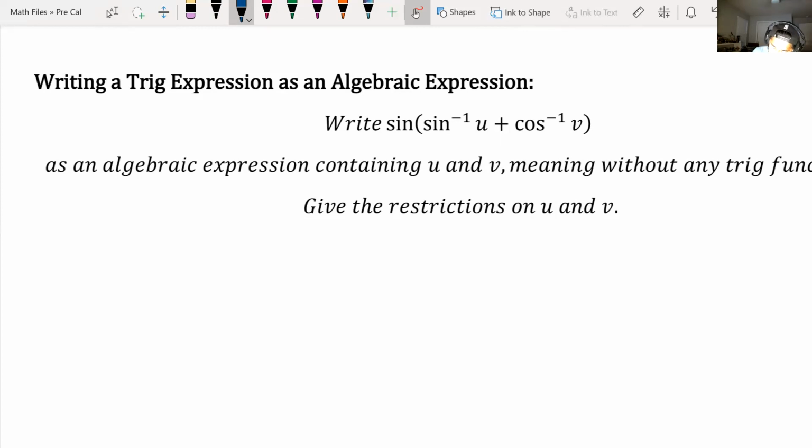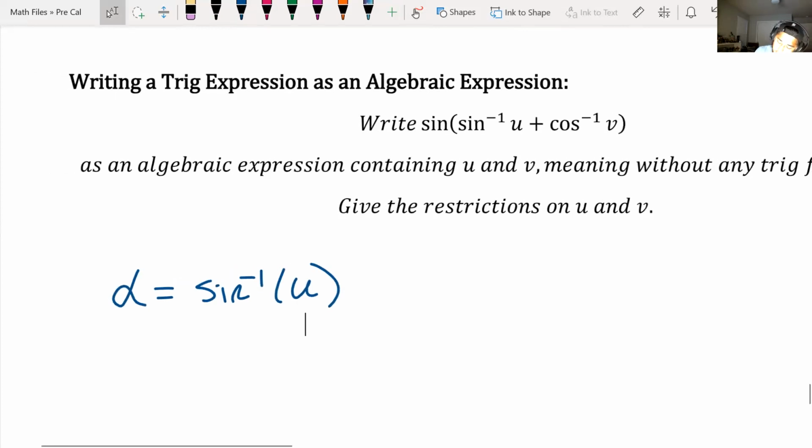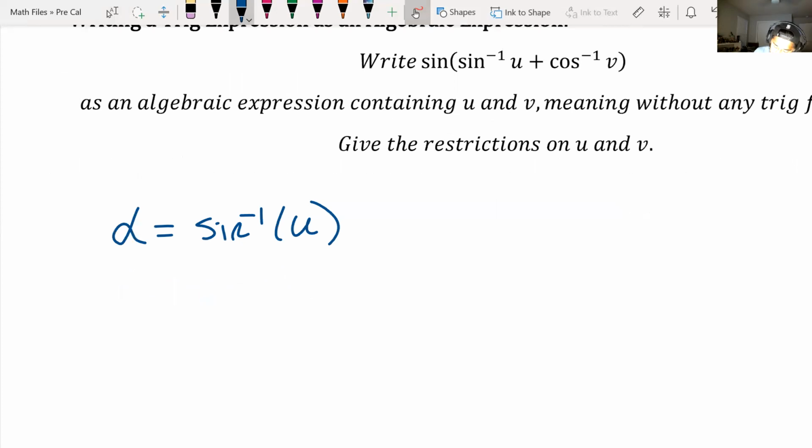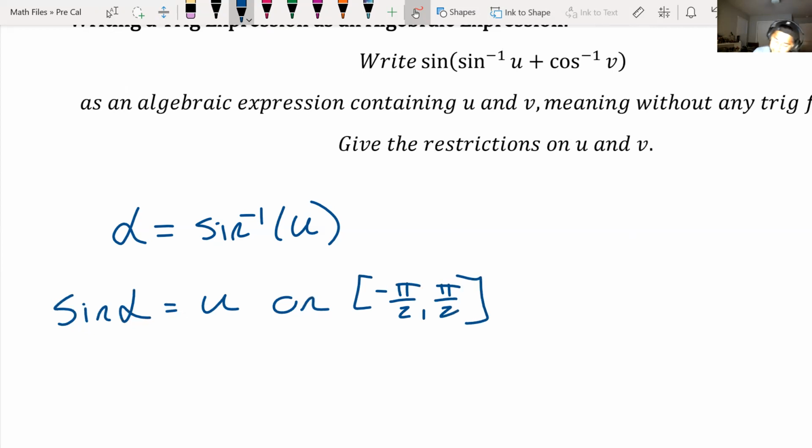And once again, let alpha equal the inverse sine of u. Apply the sine to both sides, and you get sine alpha equals u on negative pi over 2 to pi over 2.